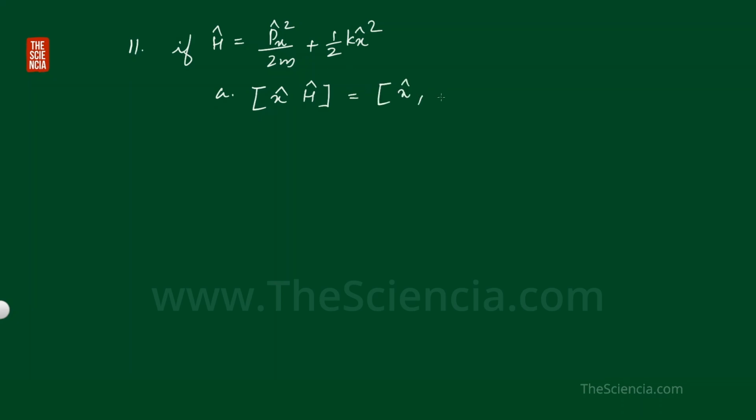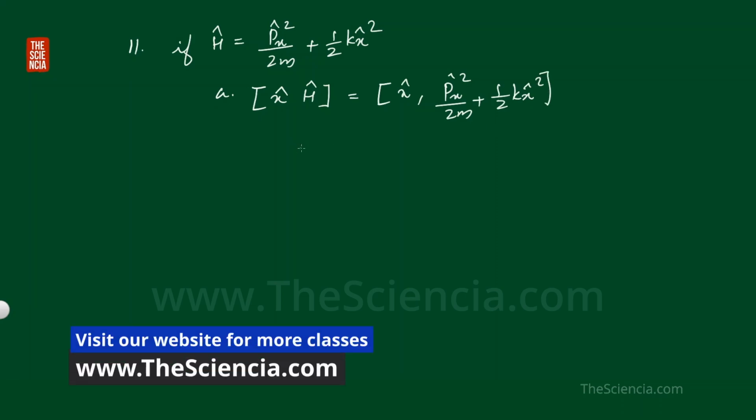Another example problem. A Hamiltonian is given, and the Hamiltonian is equal to px cap square by 2m plus half k x cap square. Then find, first question, the commutator bracket of x cap, h cap. That is equal to, you have to substitute this value here, that is x cap comma px cap square by 2m plus half k x cap square.